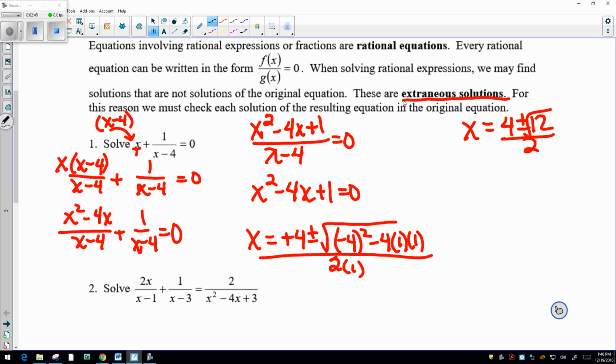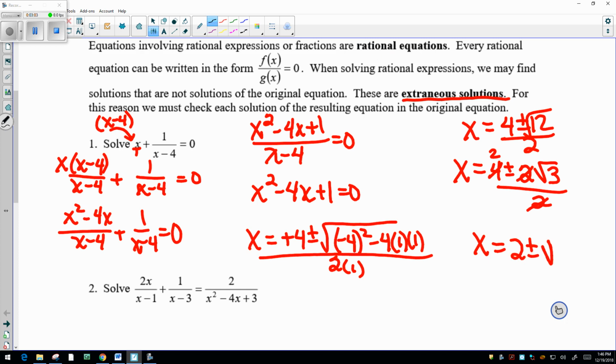And if we simplify that a little bit more, that's going to be 4 plus and minus 2 radical 3 over 2. And from here, I can reduce everything by a factor of 2, giving us our final answer of 2 plus and minus the square root of 3.